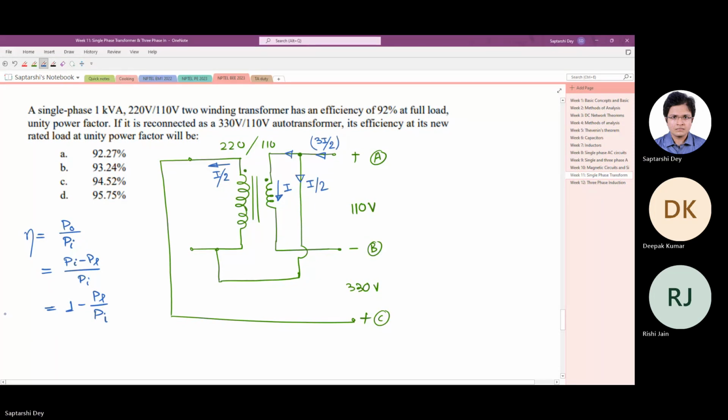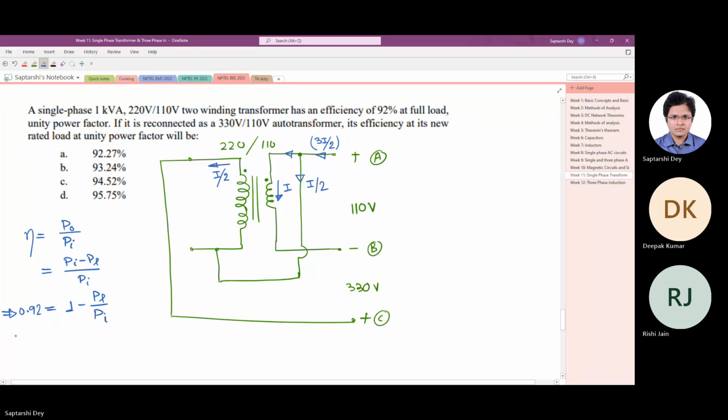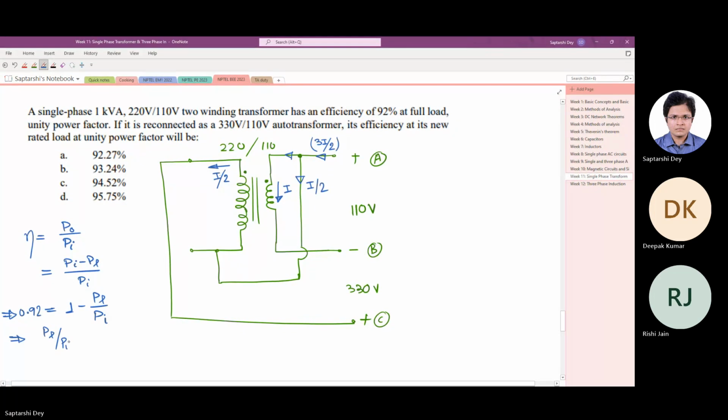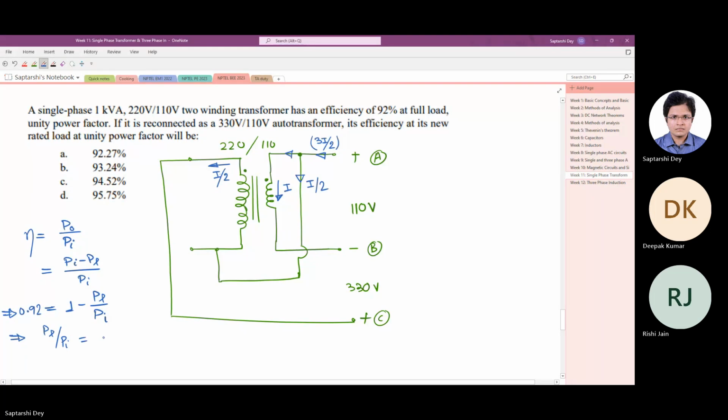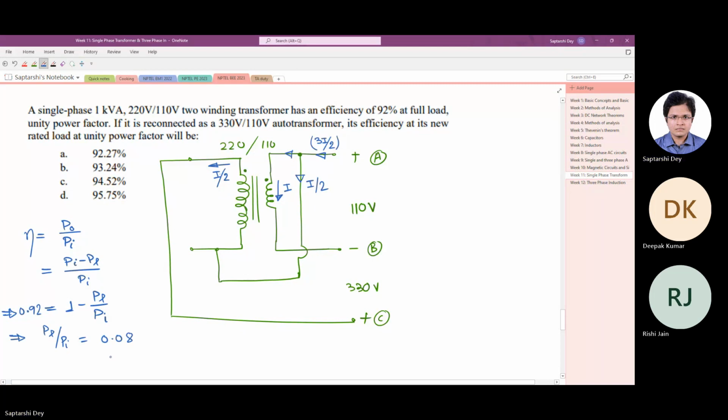Okay. Now this is given. So this we know, right? For the regular transformer.